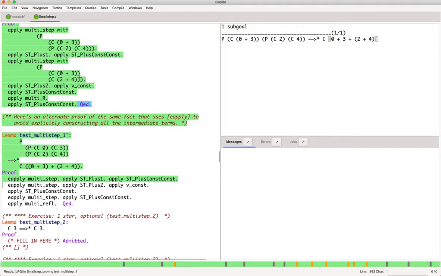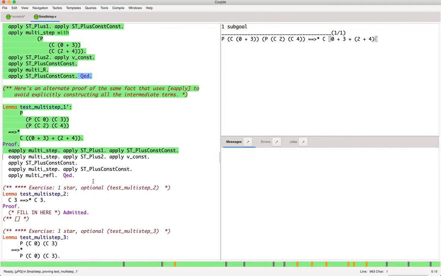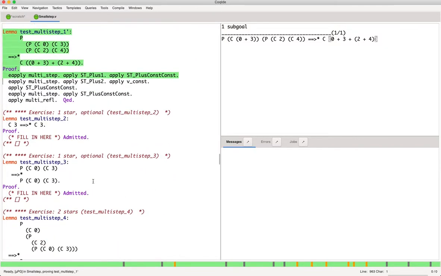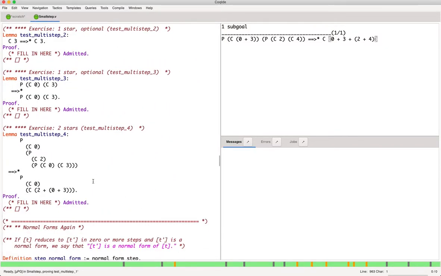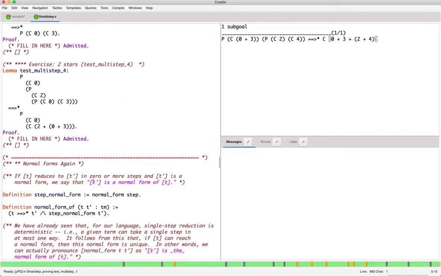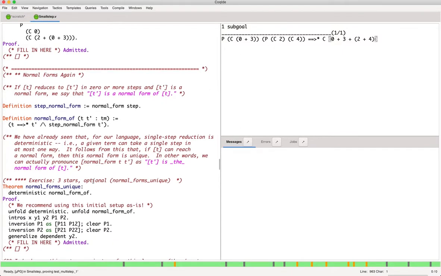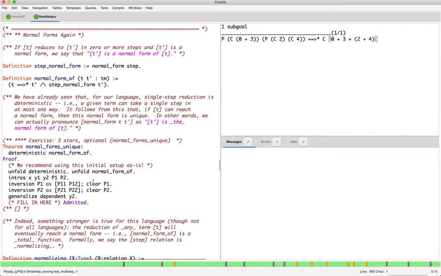Okay, so the rest of the proof is the same except for the apply versions. So you can have a look at their other examples here. The notion of normal form fits naturally into the multi-step world, because if you think of evaluating some term t all the way, then we can consider a normal form as being what we defined before.